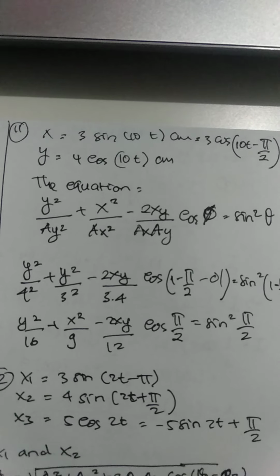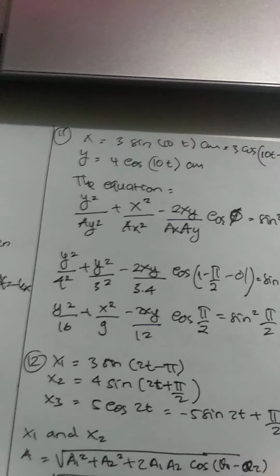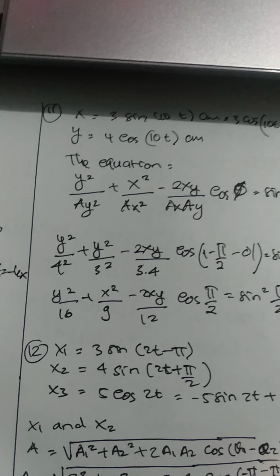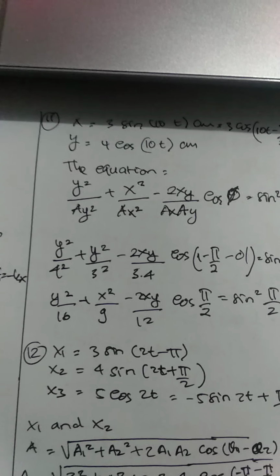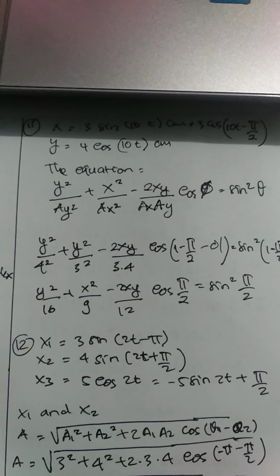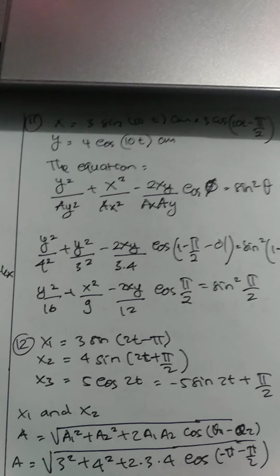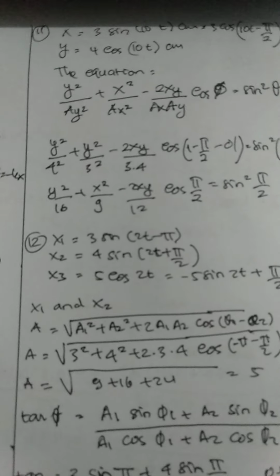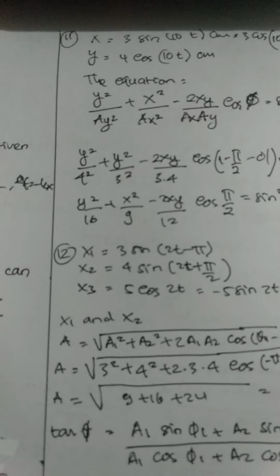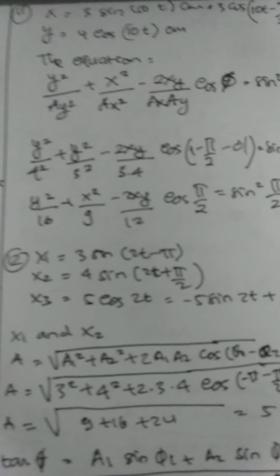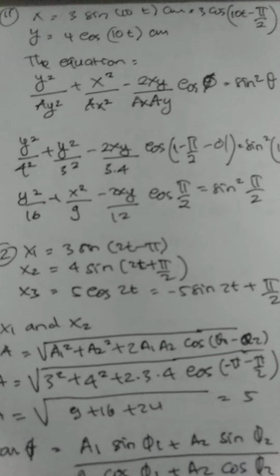We use this formula: y square per Ay square plus x square per Ax square minus 2xy per AxAy cos phi equals sin square theta. Just continue. We put the values of A into the equation, 4 and 3.